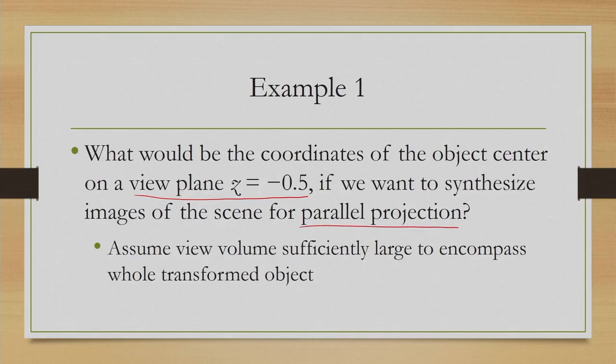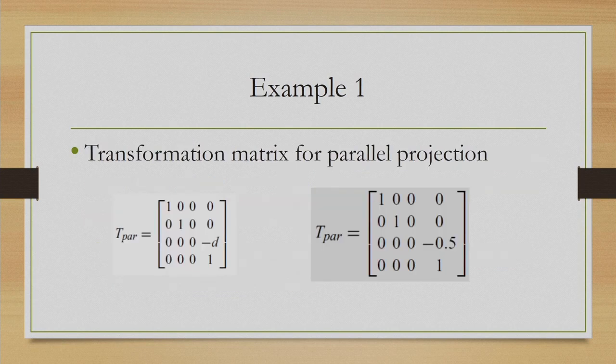So, what would be the coordinate of the object center after the projection, assuming that the view volume is sufficiently large to encompass the whole transformed object? So, our parallel projection transformation matrix is given here and we know D is 0.5.